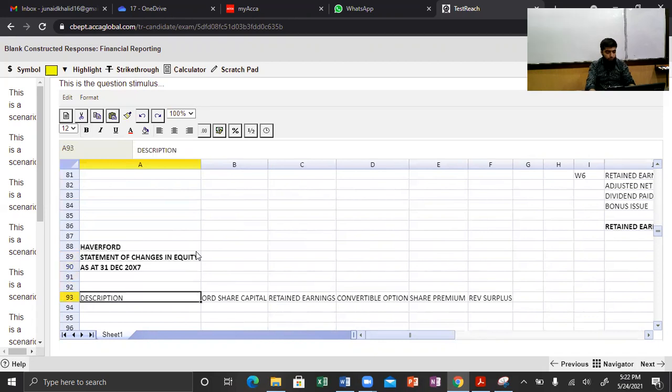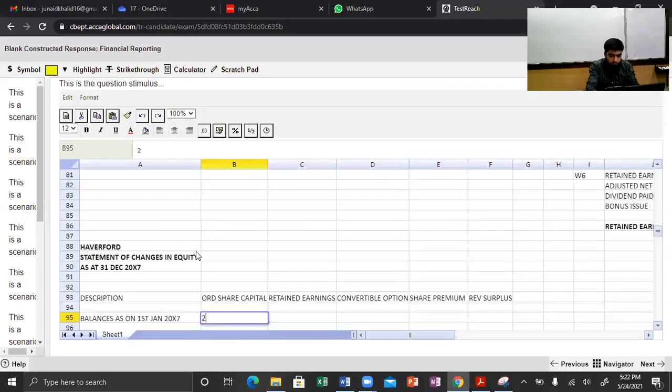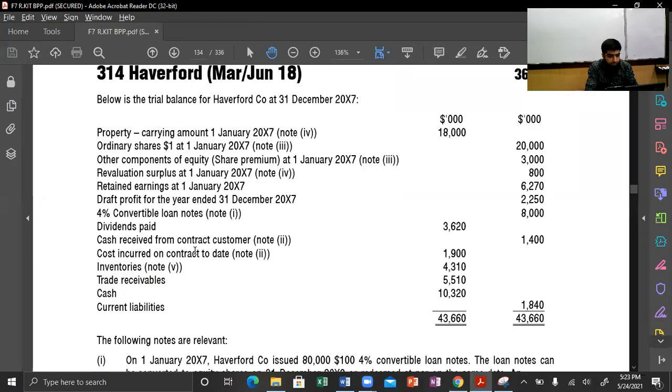So now first of all we are going to put the balances as on 1st January 20x7. Ordinary share capital, which was given in the question, is 20,000. Retained earning balance that was given in the question, that is 6270.